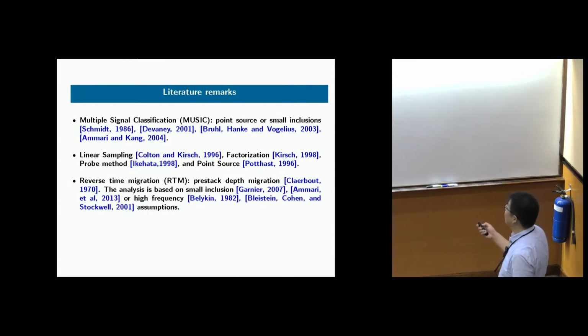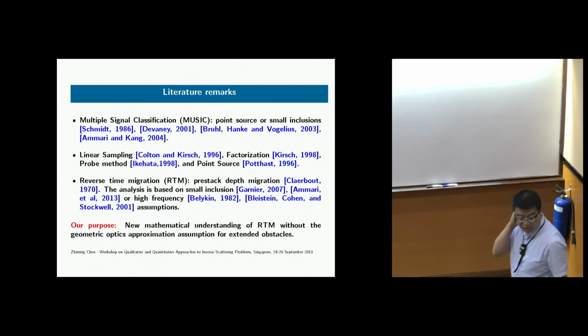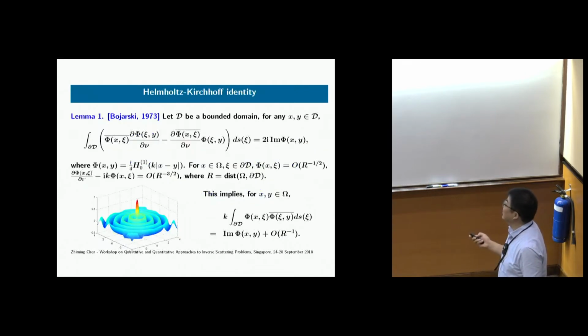Galia gave summer school lectures in our institute too. Or high frequency: mostly in geophysics, people use this set of ideas, and then you can go to the geometric optics assumptions. So this is the state of where we started, and we try to get some new understanding without these assumptions. This is our goal.